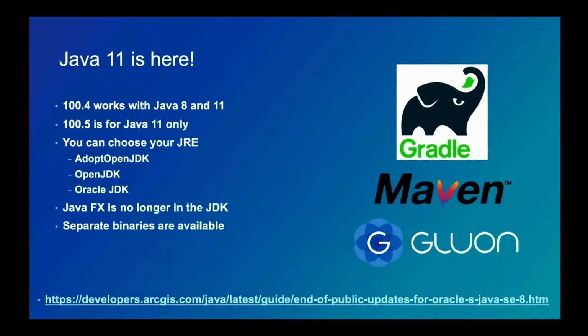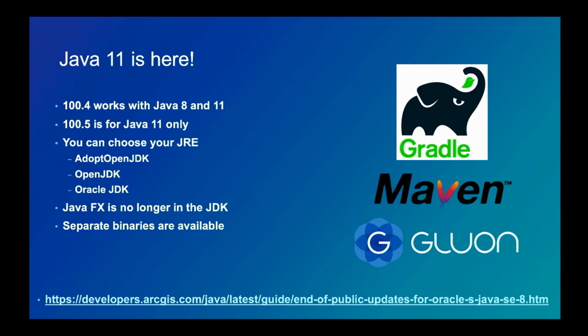So the statement here is that our current release of the software, 100.4, works with Java 8, as you'd expect, but it also works with Java 11. And there's a link at the bottom of the page here that explains how you can migrate your application from a Java 8 to a Java 11 runtime environment, because it doesn't just work.